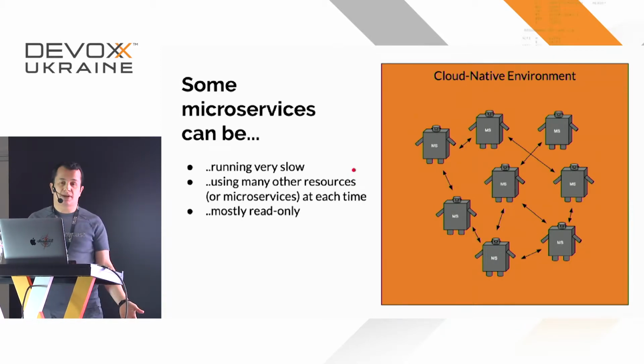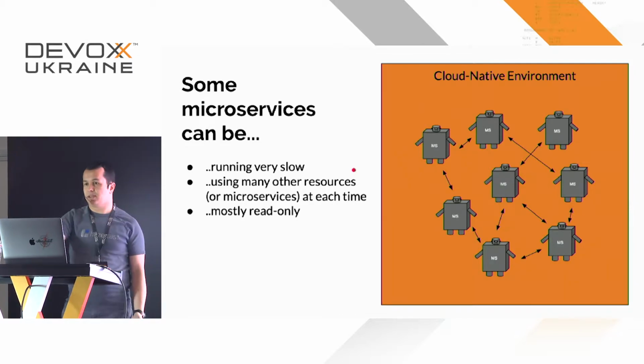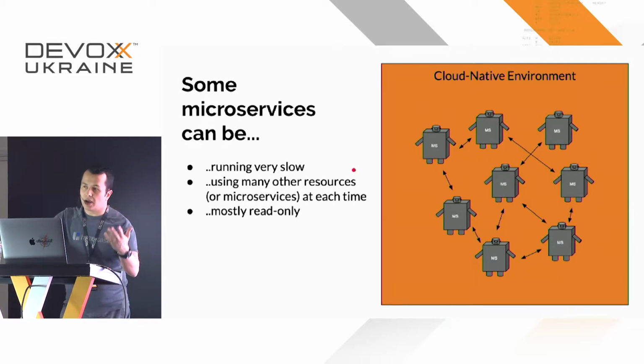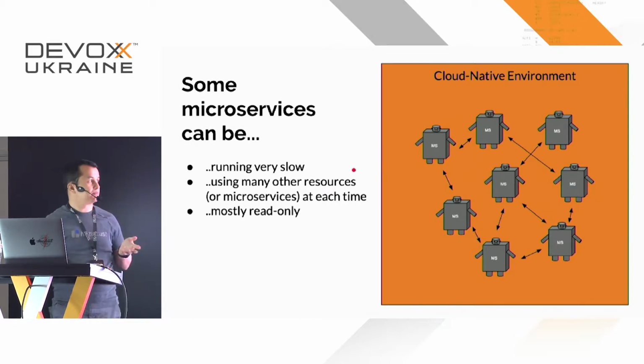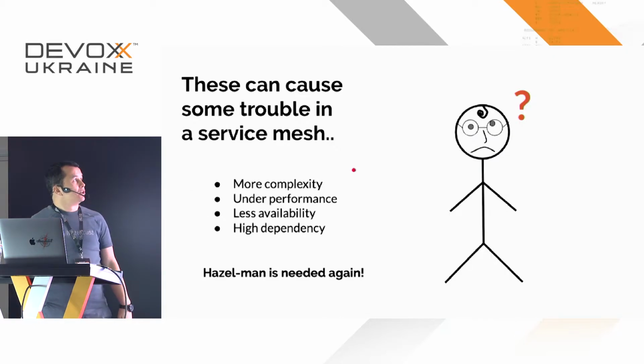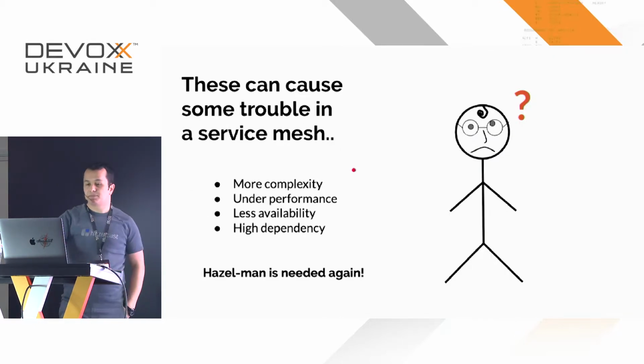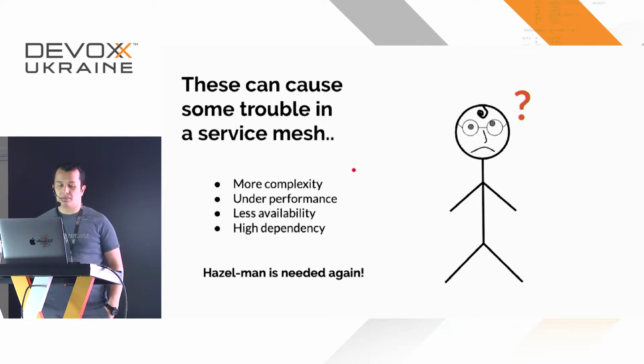And some of them might be mostly read-only. You just read the data, and the data might be static most of the time. So this can be some trouble in a service mesh environment.